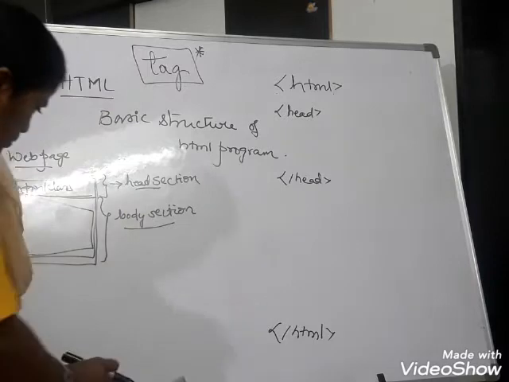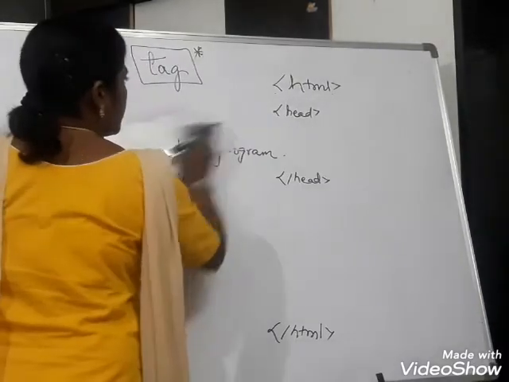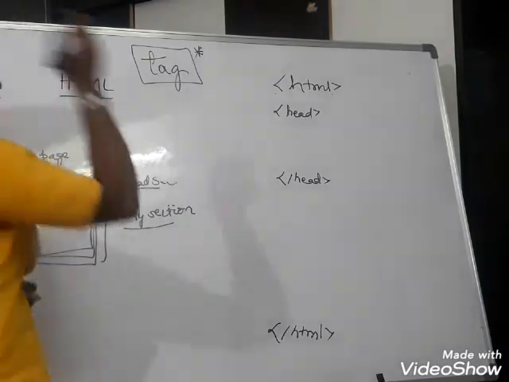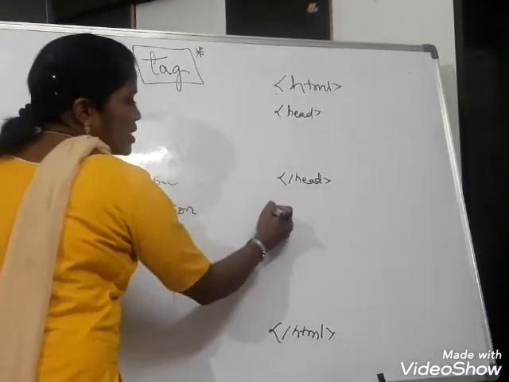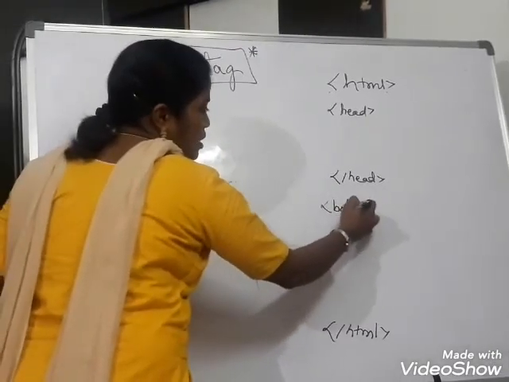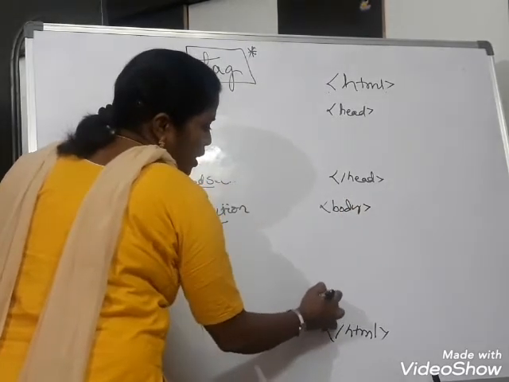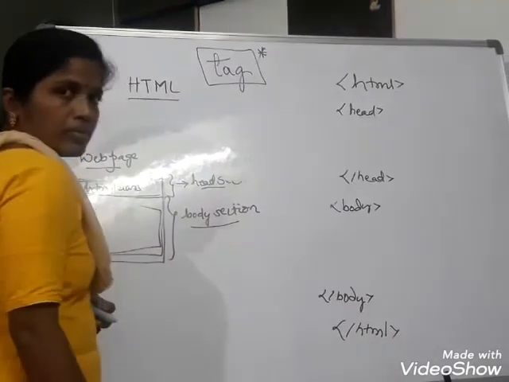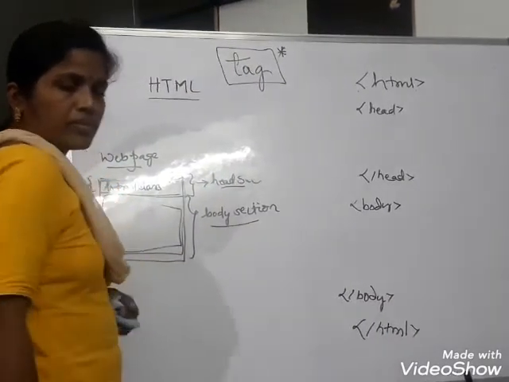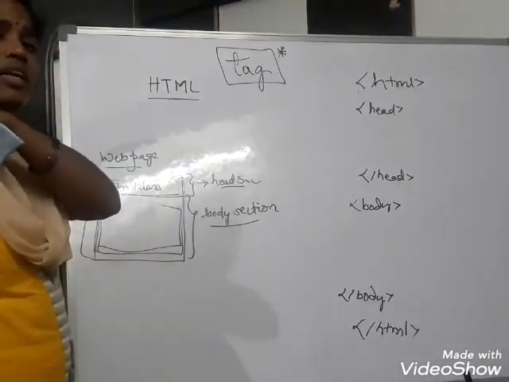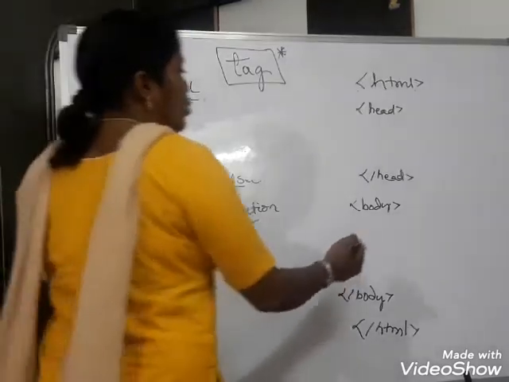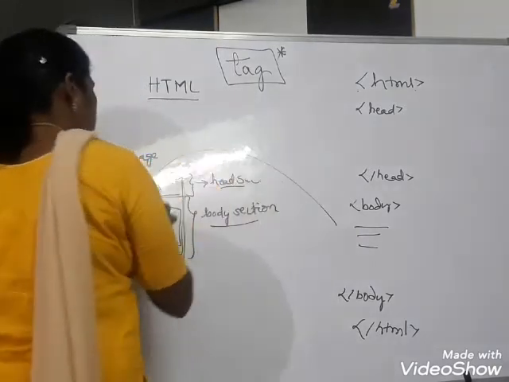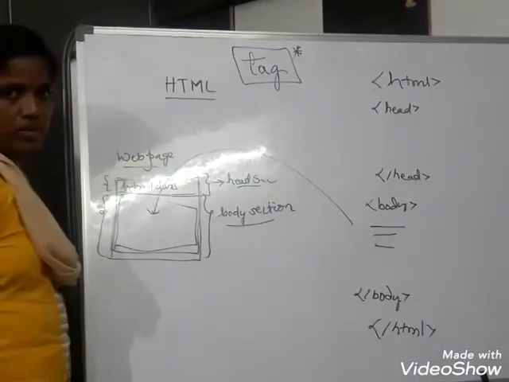Inside that, I have two parts. That is, the first part is the head part and the second part is the body part. So body is open, body is closed here. Two parts. Right? So whatever I write here will be printed into this part.